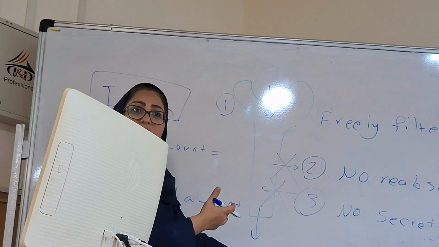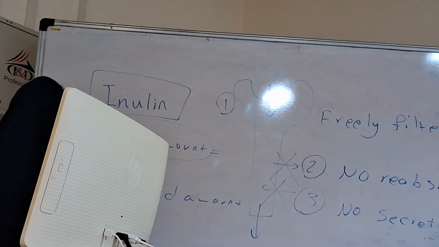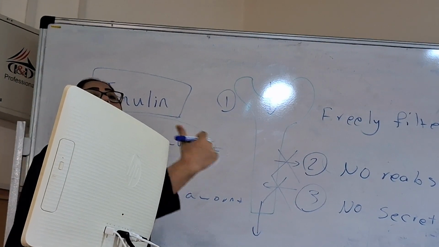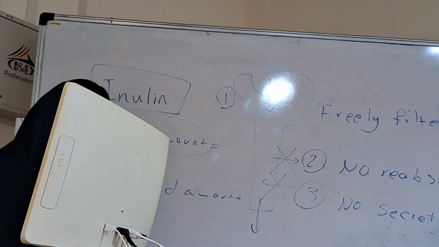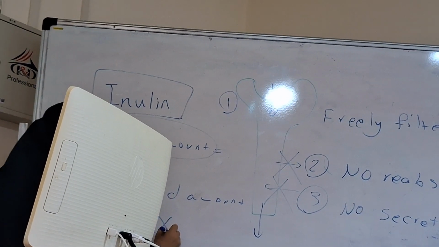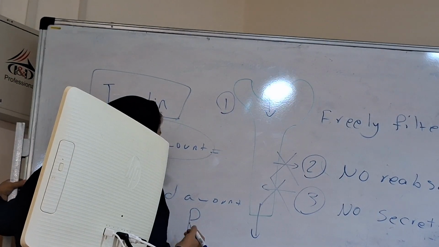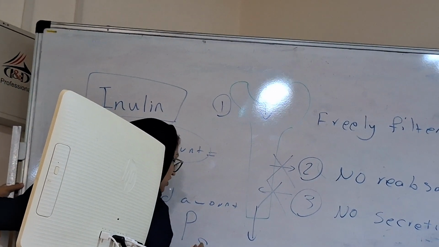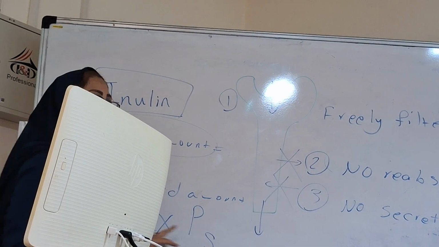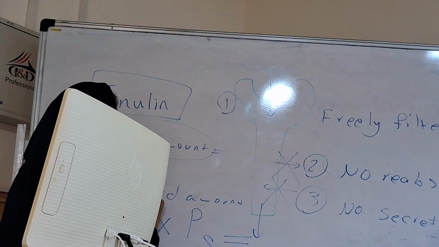Do you agree with me? Yesterday I told you that you can calculate the amount of substance which is filtered by this formula: GFR multiplied by P, the plasma concentration of substance S. Do you remember? Yes. And that equals the excreted amount.